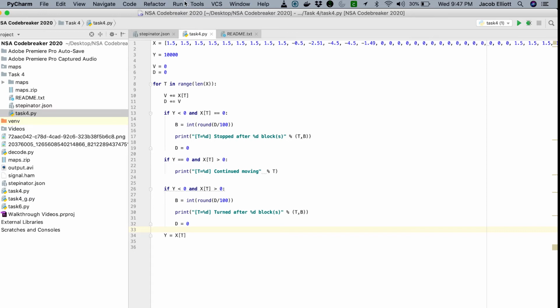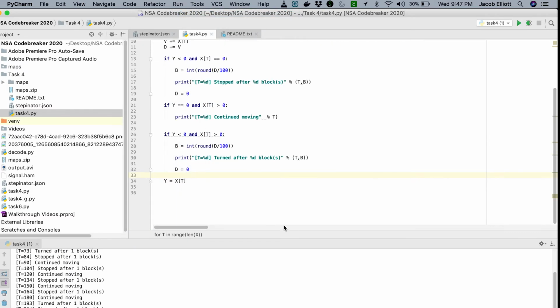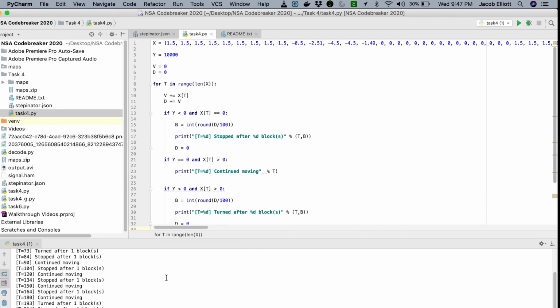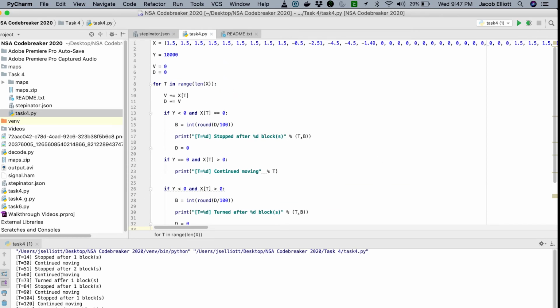Finally, if the previous point was less than 0 and the current point is greater than 0, it means they slowed down momentarily to make a turn and then continued accelerating. Now we can run this program and it tells us exactly how far they traveled in blocks before each action they took, whether it be stopping, turning, or continuing.